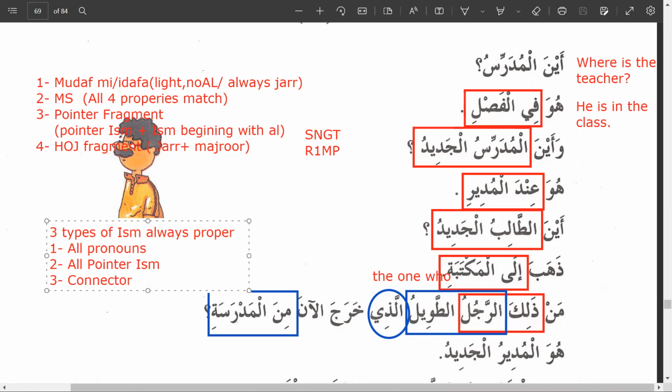Say it with me. Connector ism or ism mawsul. So this is the new kind of word that we are going to learn today. Okay. So if you want to take a screenshot, you can, because I'm going to erase all these and scroll down.